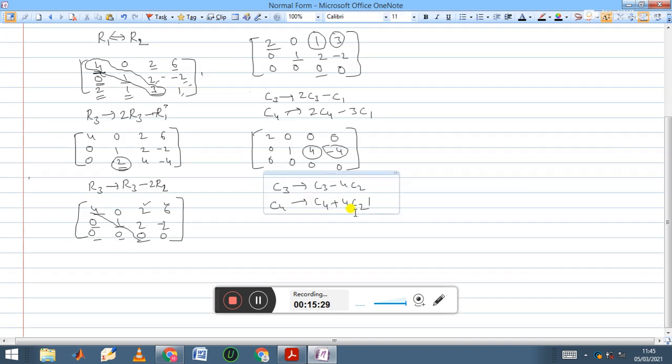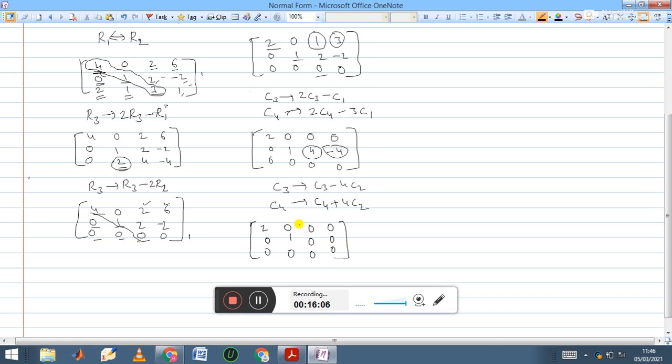If you use these two operations, then your resultant matrix becomes: first two columns as it is, 2 0 0, 0 1 0. Then if you use C3 minus 4C2, your elements become 0 0 0. Then on the fourth column you use the operation and get 0 0 0.